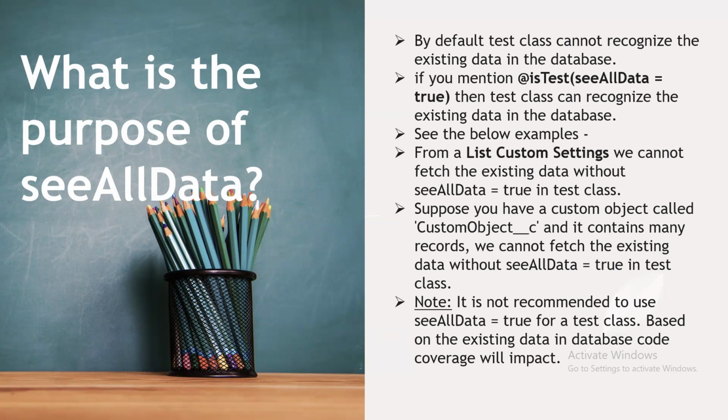We cannot fetch the existing data without seeAllData=true in test classes. Suppose we have a custom object, Custom_Object__c, and it contains many records. We cannot fetch the existing data without seeAllData=true in test classes. So if you want to see that, we have to mention seeAllData=true. That's the keyword for that.